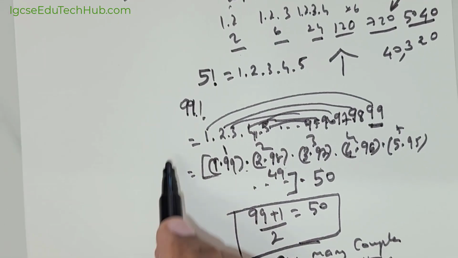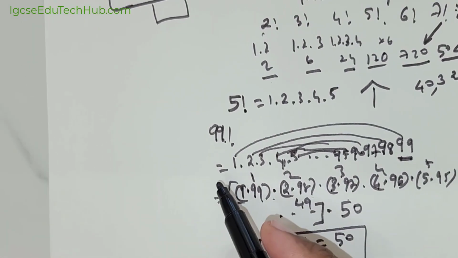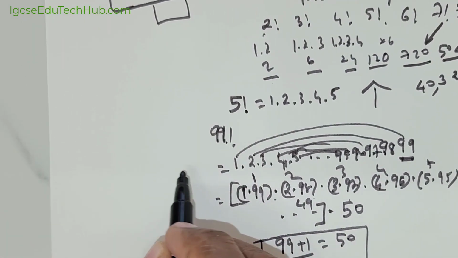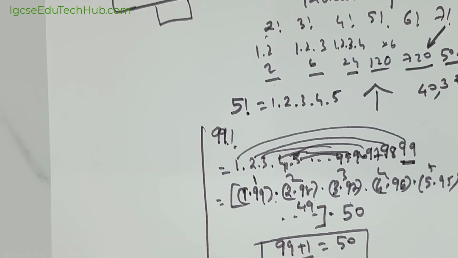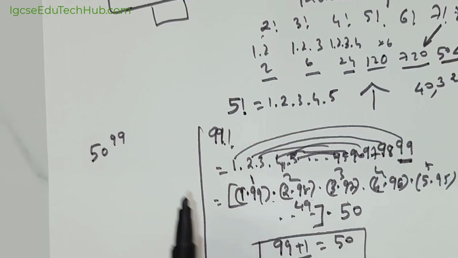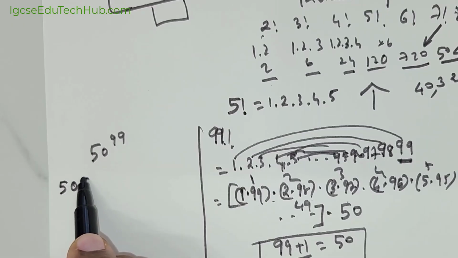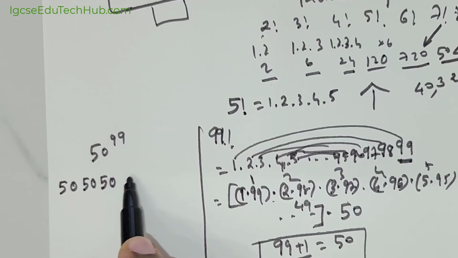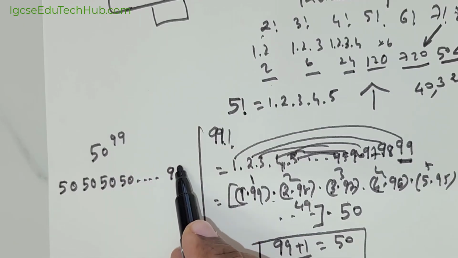So those are the valuable insights that would help us to find out the larger number of the two given numbers. So now coming back to our 50 raised to the power of 99. What is the meaning of this? This means 50 is multiplied with 50 is multiplied with 50 is multiplied with 50, 99 times.